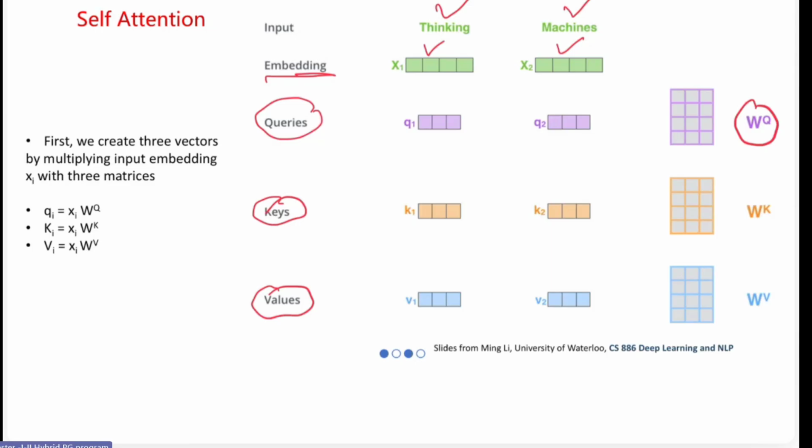For getting K, we have the WK matrix, a fully connected layer. And for getting V, we have the WV matrix. These are all the things we have seen before. Multiplying X with WQ gives you Q, X with WK gives you K, and X into WV gives you V. These are all the things we have seen in the previous class.